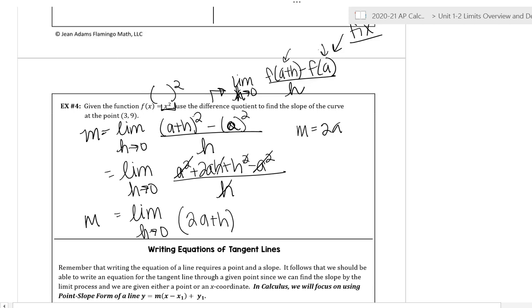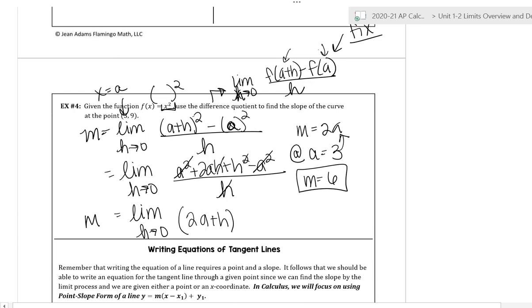Now, let's go back to what we're saying here. Remember, our a value is just another variation of x. And what we're looking at is our x point in this scenario is going to be 3. So we can rewrite this as we're going at a equals 3. So if I were to plug that in or substitute, I would get that my slope is going to be 6.